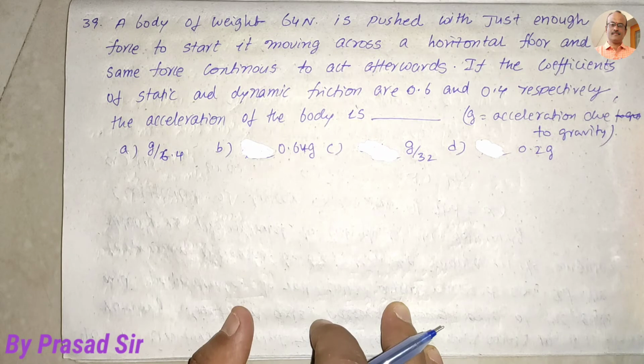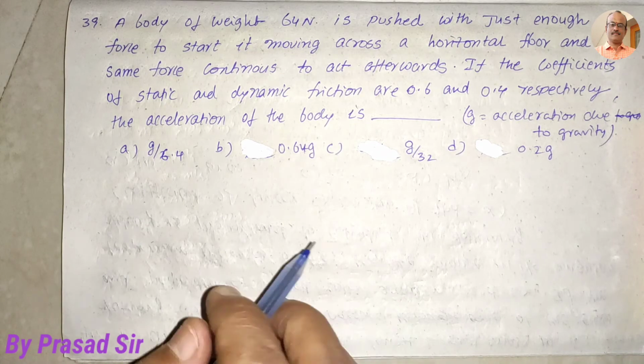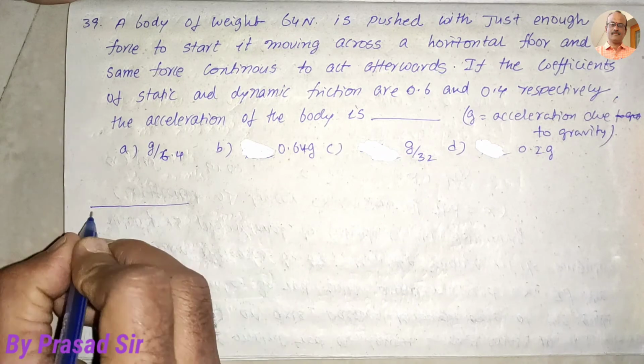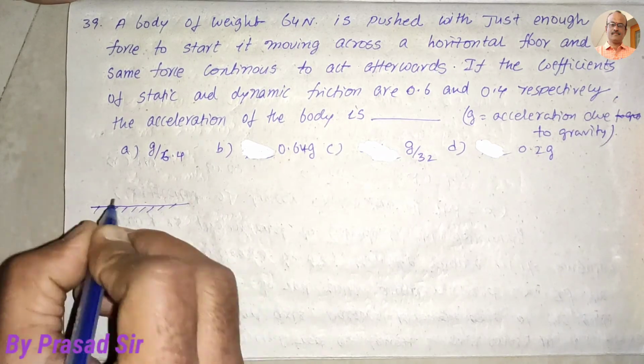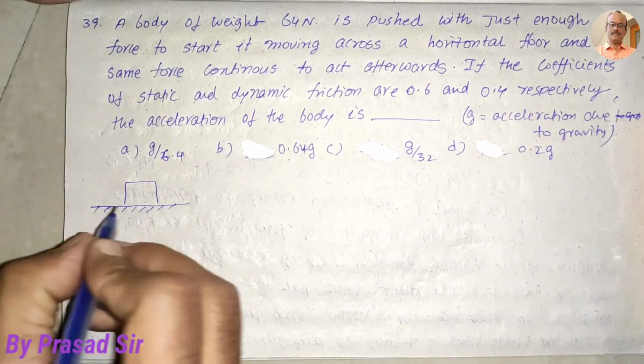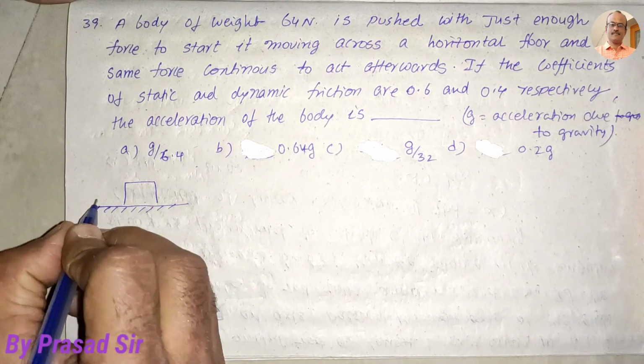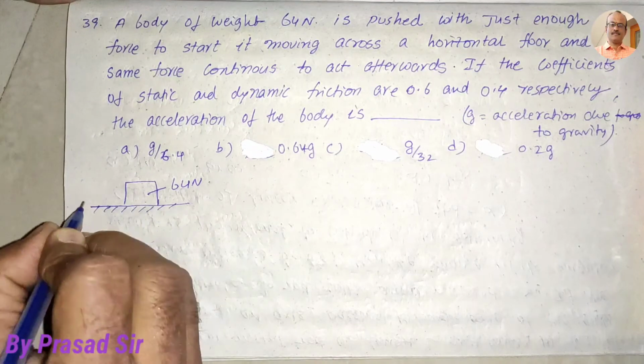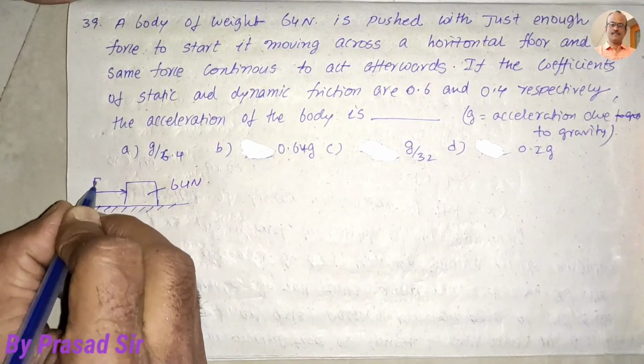Acceleration due to gravity is taken as small g, so the options are also given in terms of g. First of all, we will draw one diagram. Here there is a body of weight 64 newtons, and a force which is applied on this side.